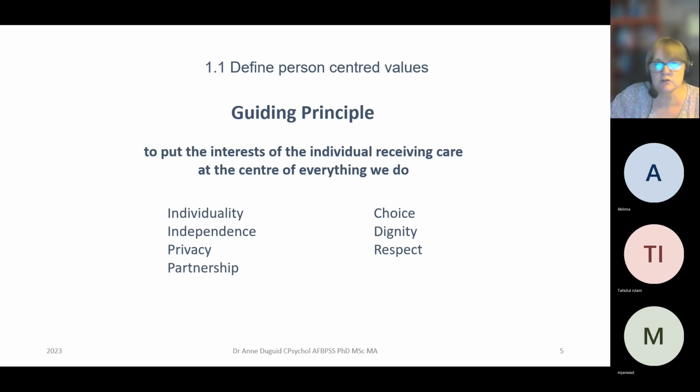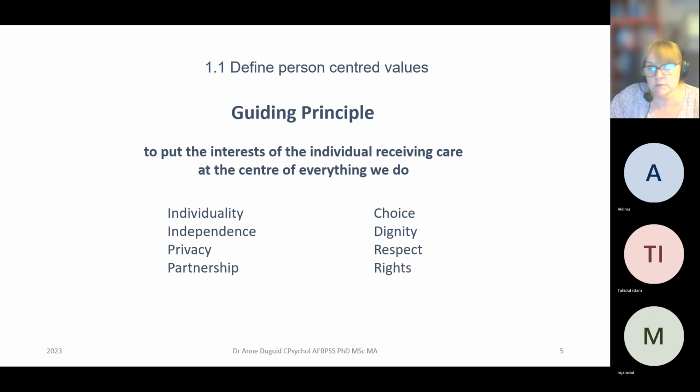When somebody makes a choice that we maybe don't agree with, for whatever reason, we have to respect that choice. We have to say, okay, this person is an adult, this person is in control of their own life, and we have to respect those decisions. We cannot put pressure on.